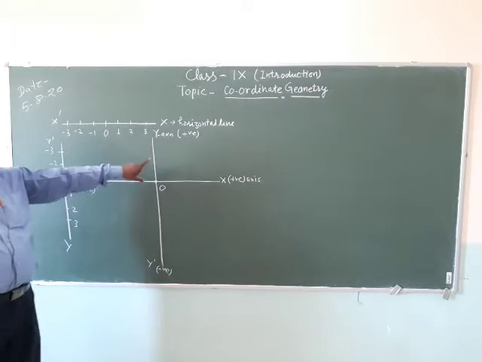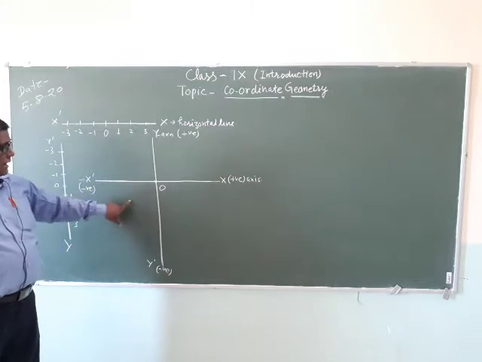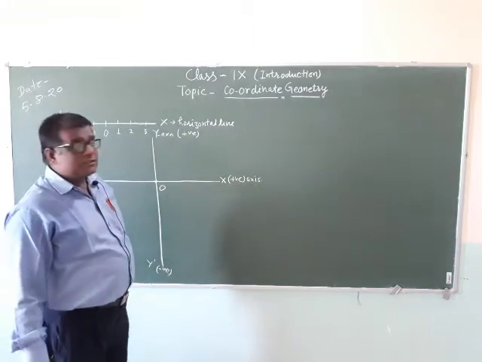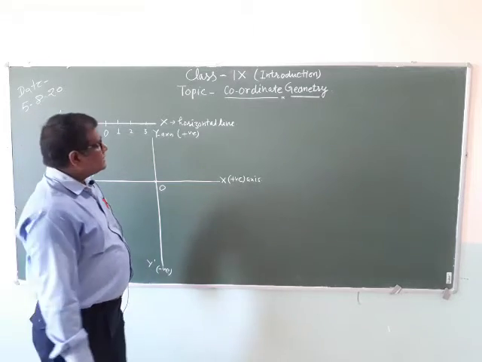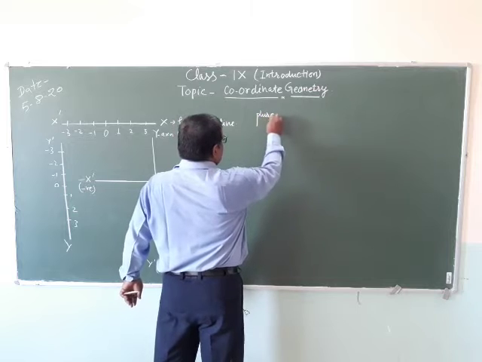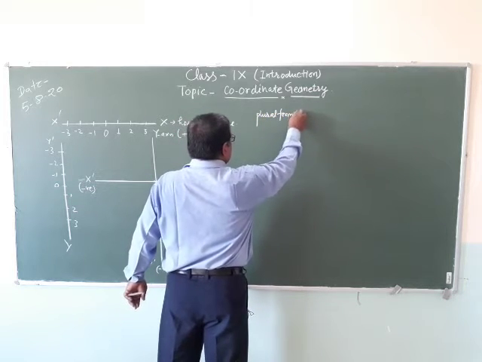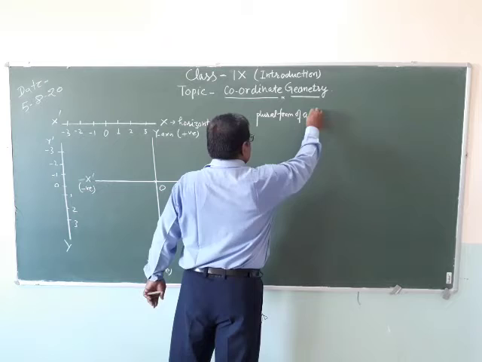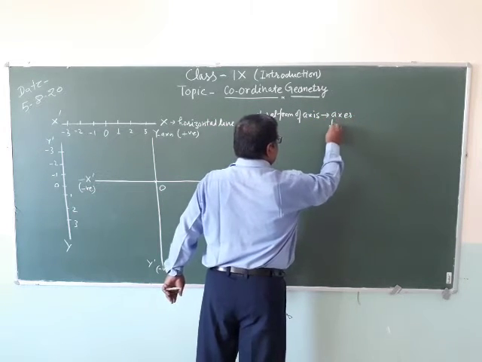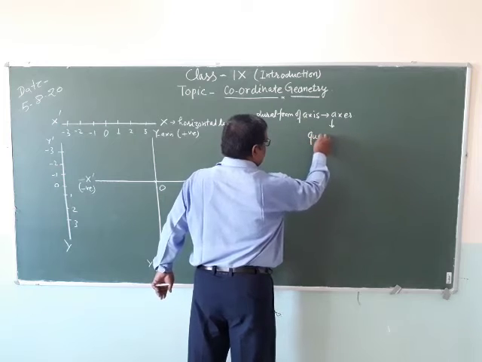This part is known as a quadrant, that is the plural form of axis, that is axes, which forms quadrants.